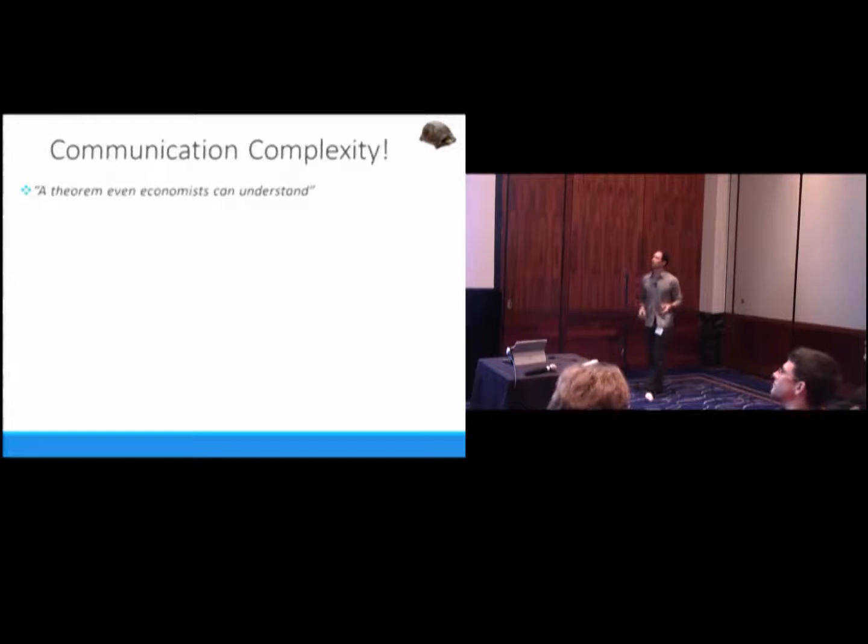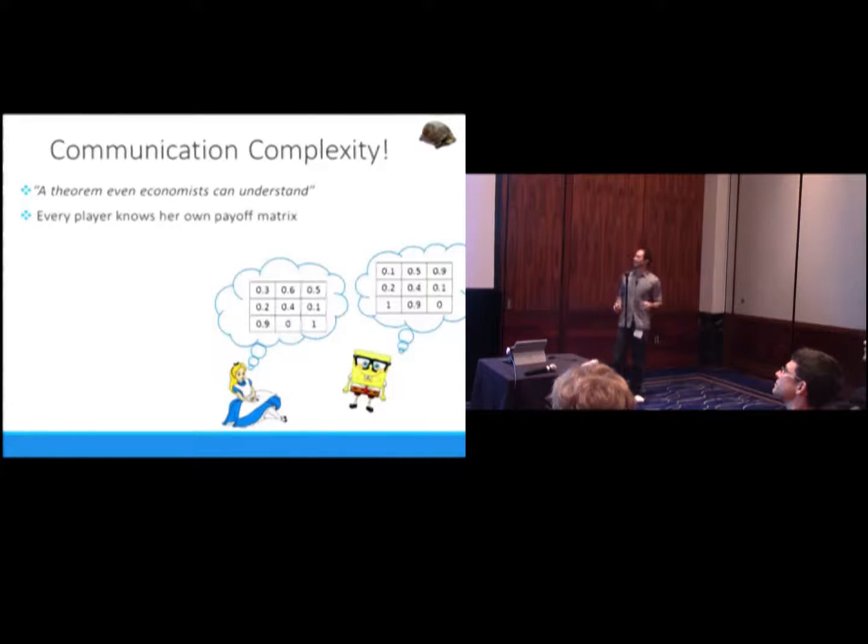So what we can do is we can talk about communication complexity, and this is a very simple model. Alice knows her own payoffs. Bob knows his own payoffs. And the question is just how much do they have to communicate to compute this approximate Nash equilibrium?